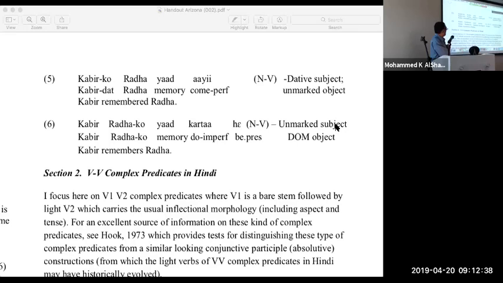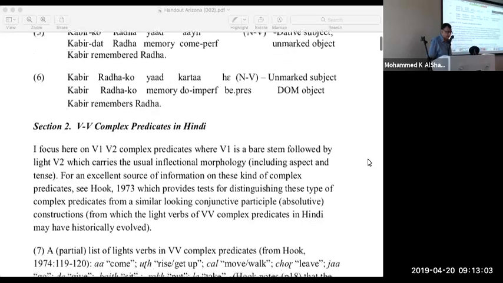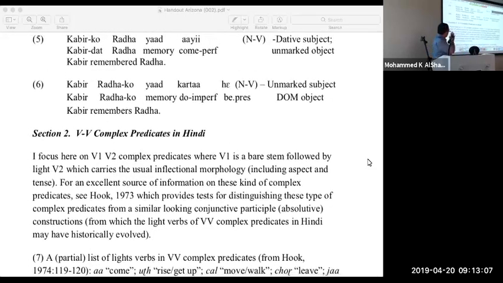And in 6, you get a nominative construction, though it's aspectually a different construction. 4 and 5 were perfective and 6 is not. But you see the alternation. In one case you get ergative, in another dative, and in the third nominative, and they largely mean the same thing. There are some differences, but for the most part, they look very similar. So I'll come back to that.